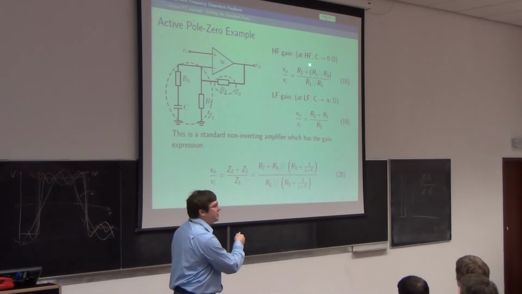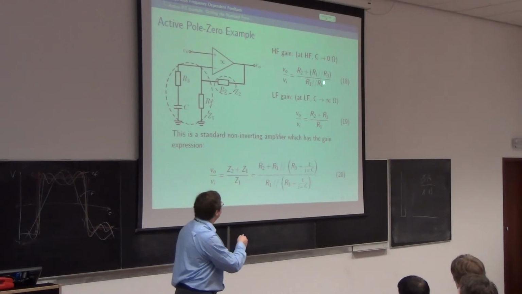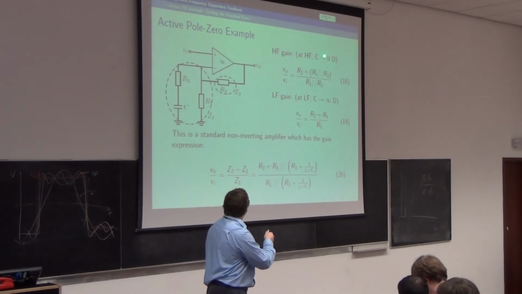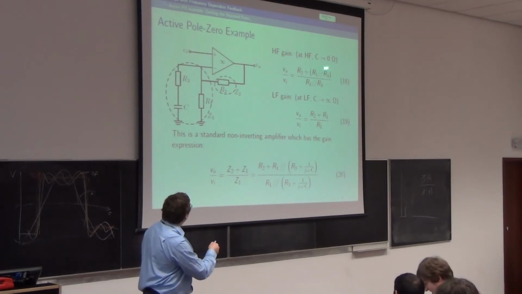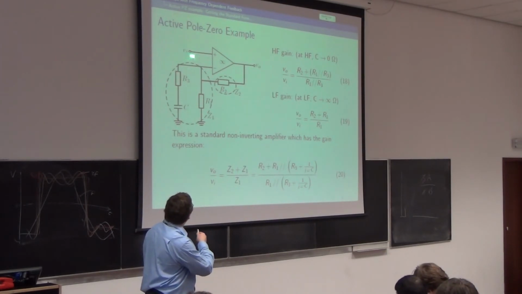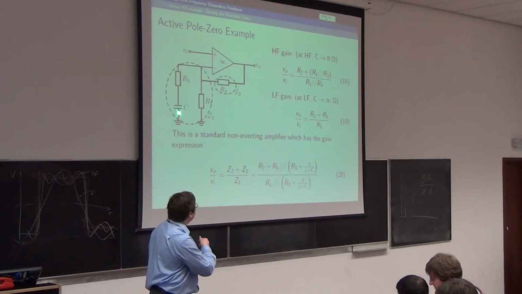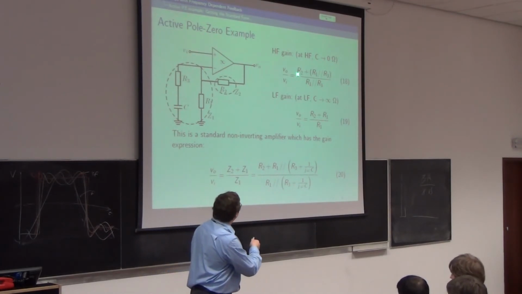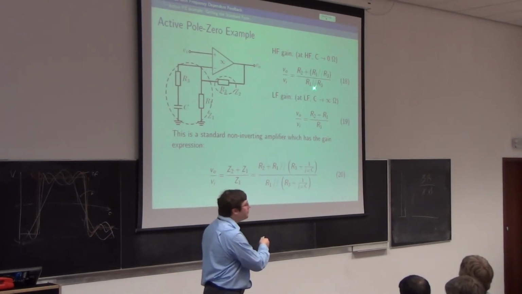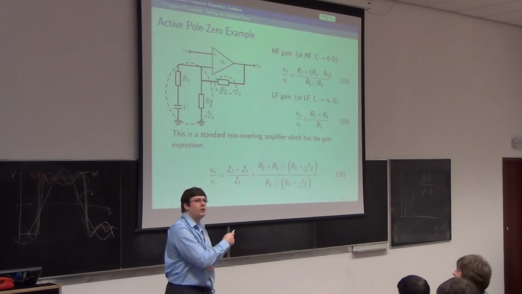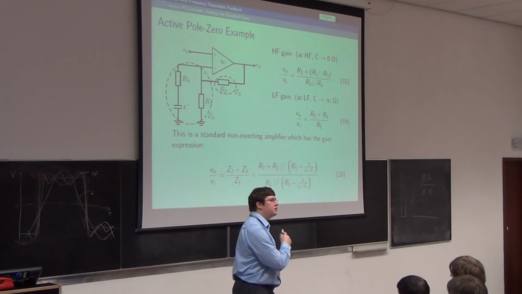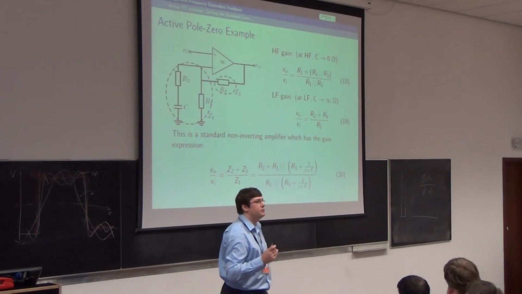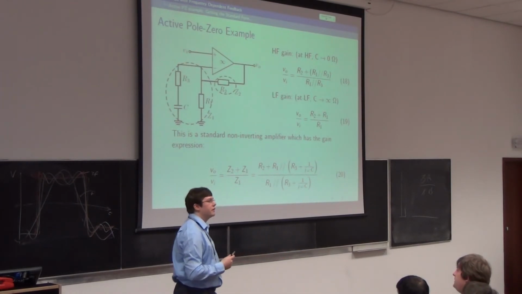It's XC, you might like to change that, tends to 0, and we have R2 plus R1, if I'm calling all this R1, but I call it Z1 because there's a frequency dependent bit. So I've got Z2 plus Z1 over Z1, which is the regular non-inverting op-amp expression from 118, except I've thrown away R's and put in Z's. There is no real difference other than that.